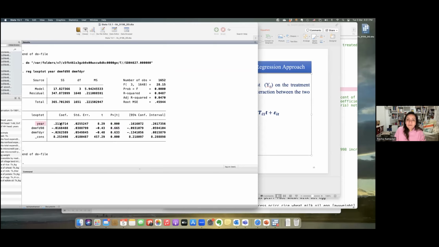This variable year equals 1 if we are in the second period, which is 98, compared to 0. It is positive and significant, which means that apart from being treated or not, being in the year 98, total expenditure per capita is higher compared to the year 91.